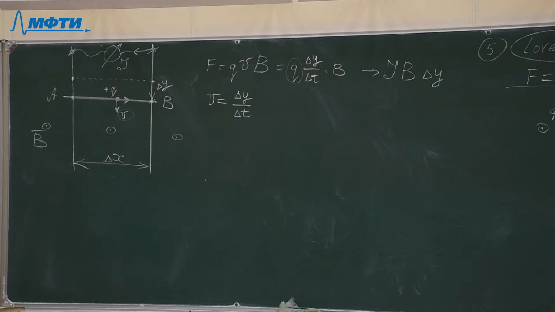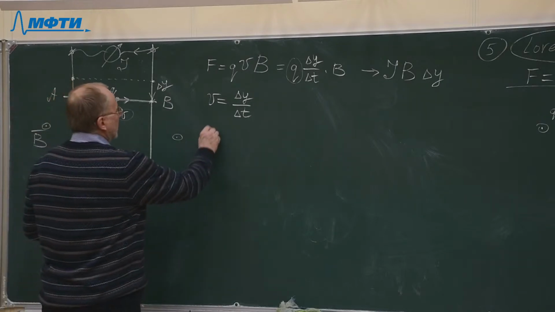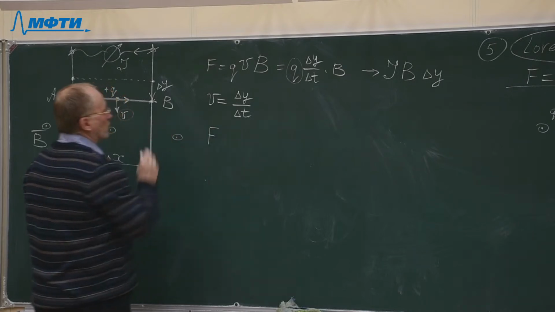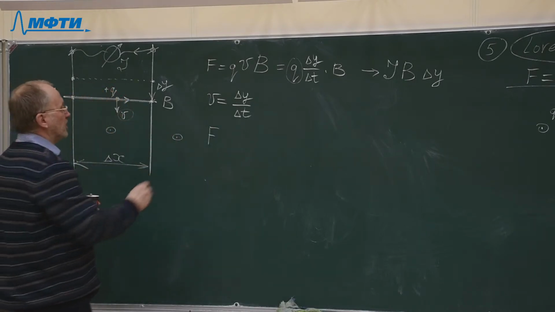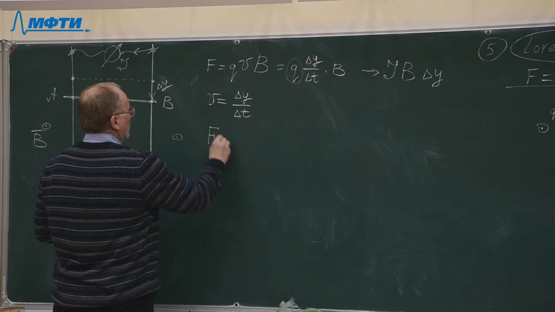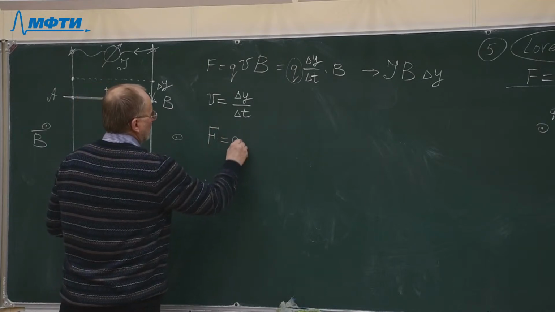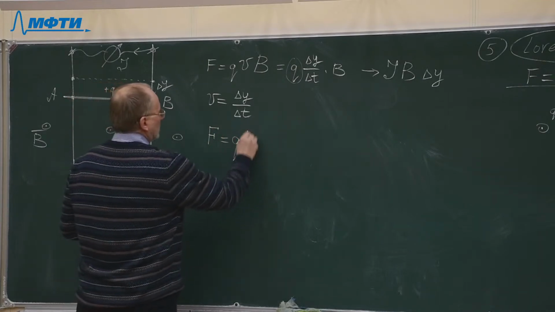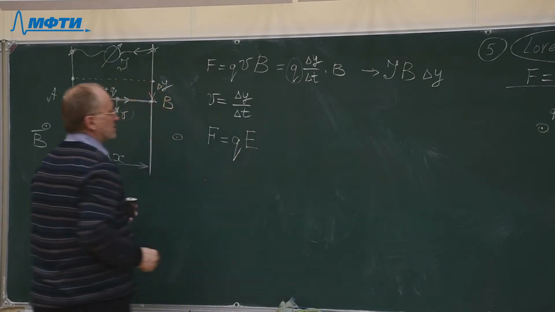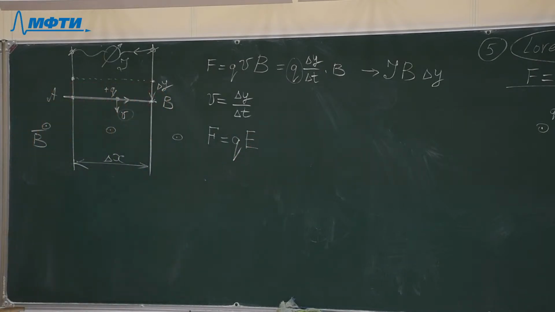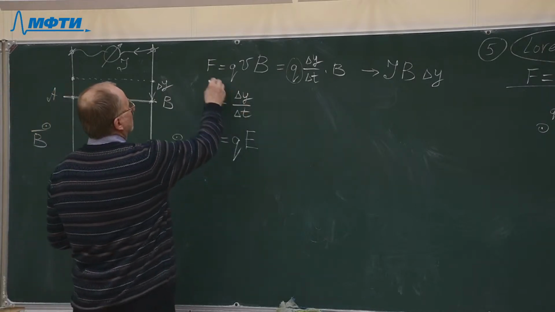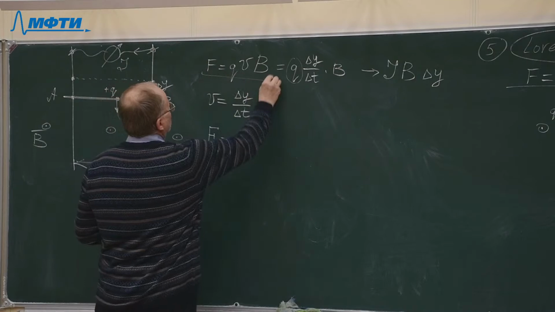Also, we may remember that in electrostatics, the force acting on a charged particle is defined by the charge times the electric field strength. And the Lorentz force is defined by this formula.